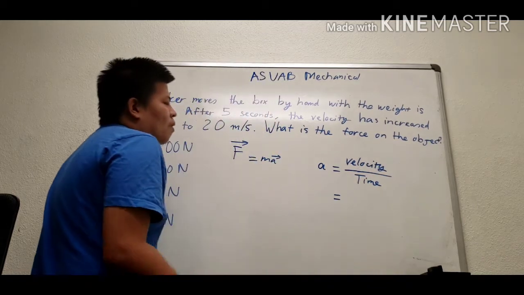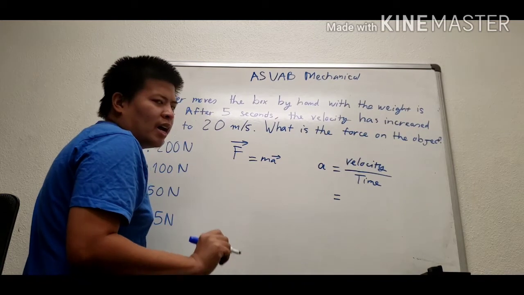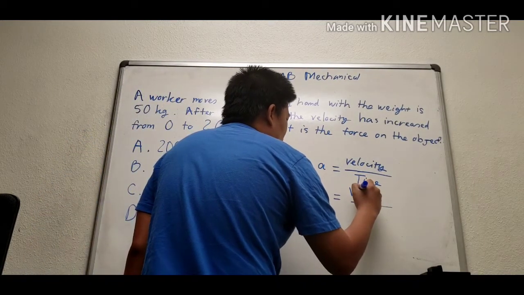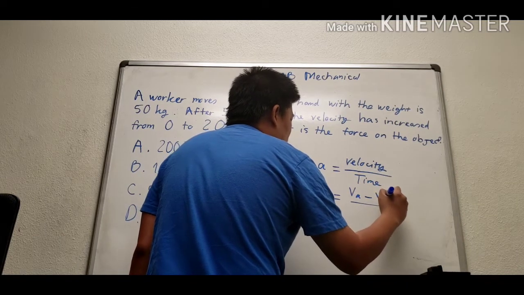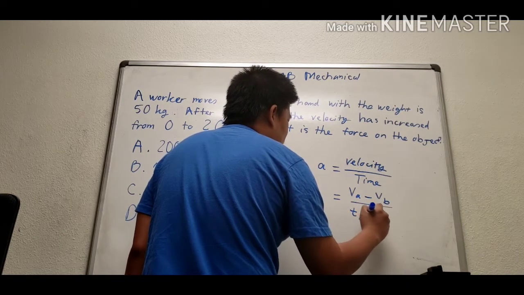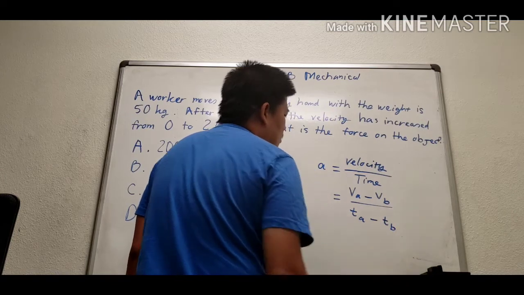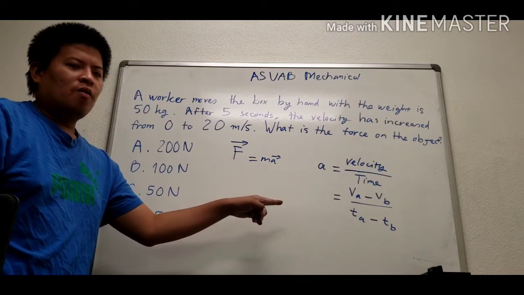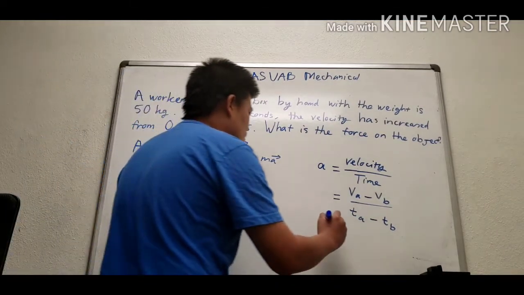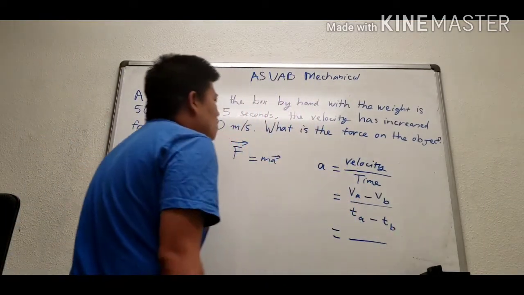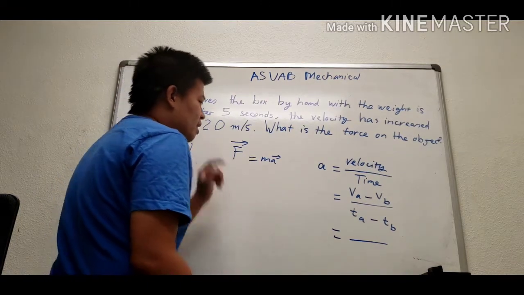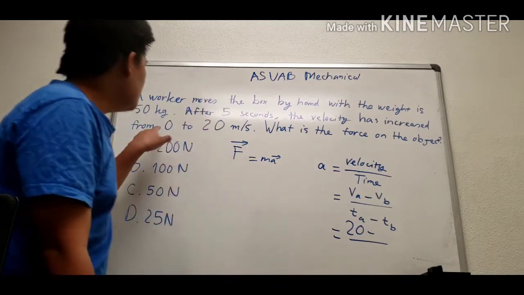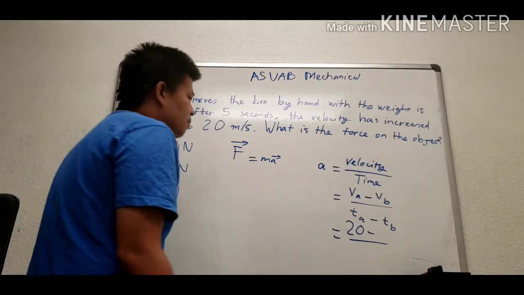So if we want to find acceleration, we need the velocity after and the velocity before, divided by the time after minus the time before. So this is the formula of acceleration. We have the velocity after is 20, and the velocity at the beginning is 0.